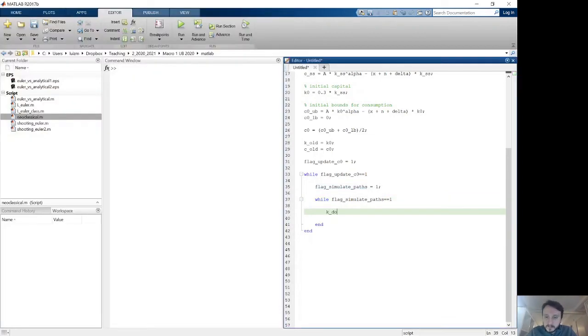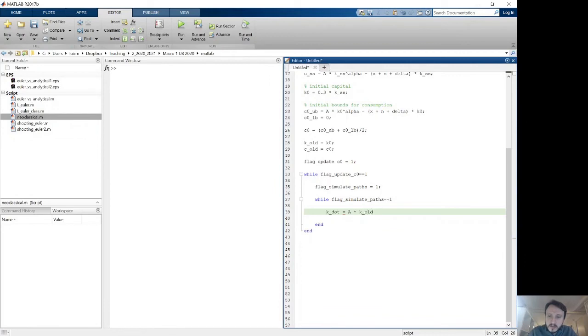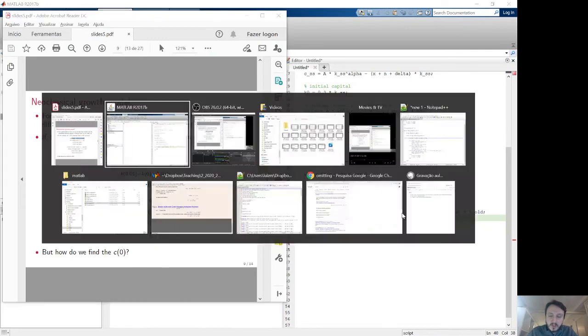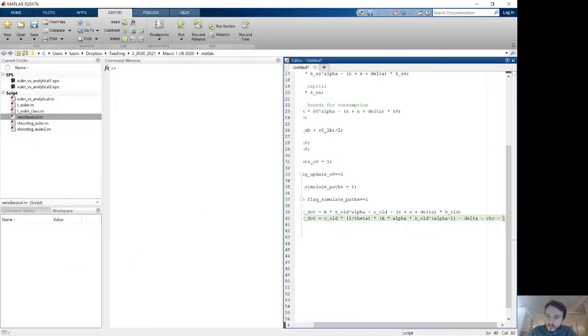So let's start calculating k dot. So k dot is equal to A times k ode to the power of alpha, minus c ode, minus x plus n plus delta times k ode. C dot is equal to c ode times 1 over theta times A alpha k ode to the alpha minus 1, minus delta minus rho minus.